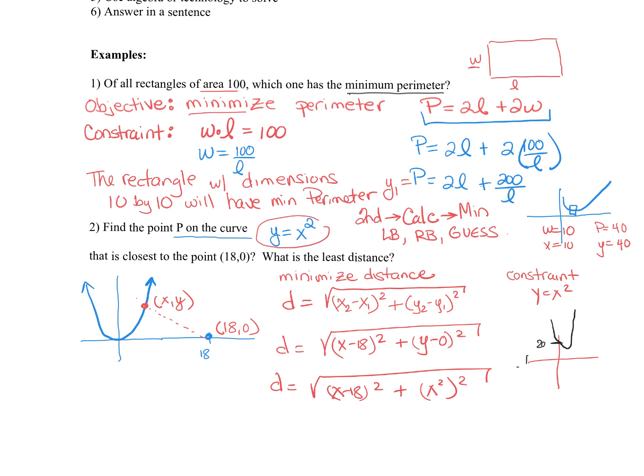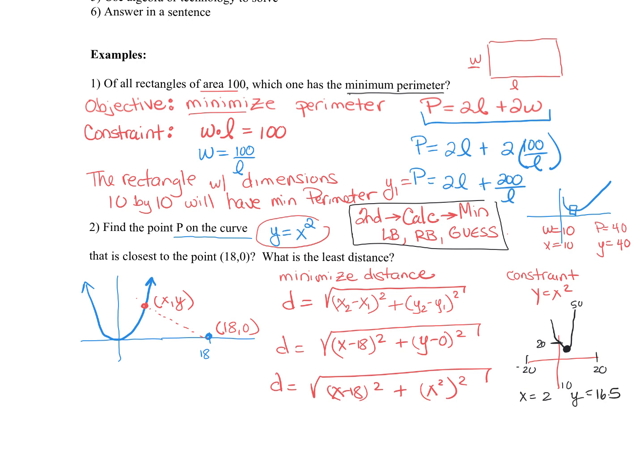So you can go from negative 20 to 20, and then maybe from 10 in the x direction to 50 would give you a good way to look at that. And again, you're looking for this minimum point, so we'll do the same thing. Second, calculate, left bound, right bound, and guess. And you should get x is 2 and y is 16.5.